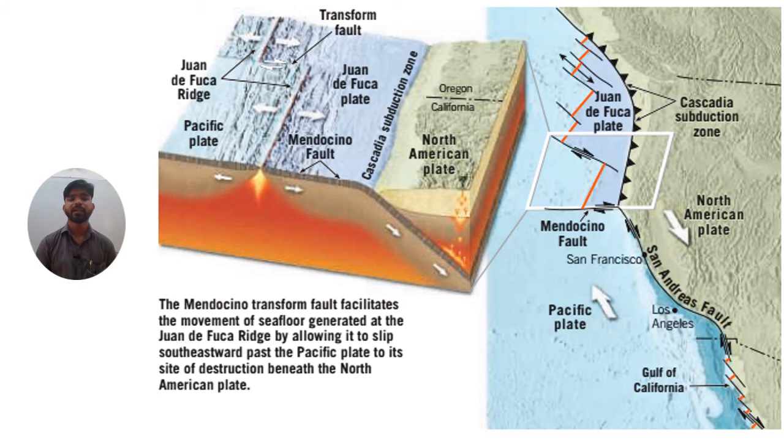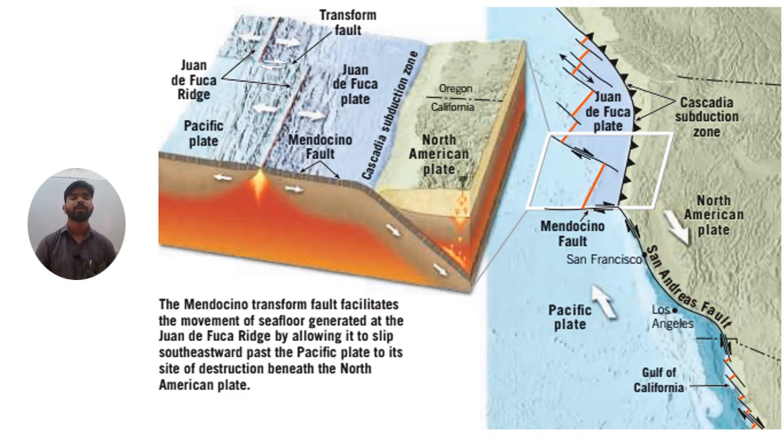The southern end of the plate margin is bounded by a transform fault known as the Mendocino fault. This transform boundary connects the Juan de Fuca ridge to the Cascadian subduction zone. Therefore, it facilitates the movement of the crustal material created at the Juan de Fuca ridge to the destruction zone beneath the North American continent.